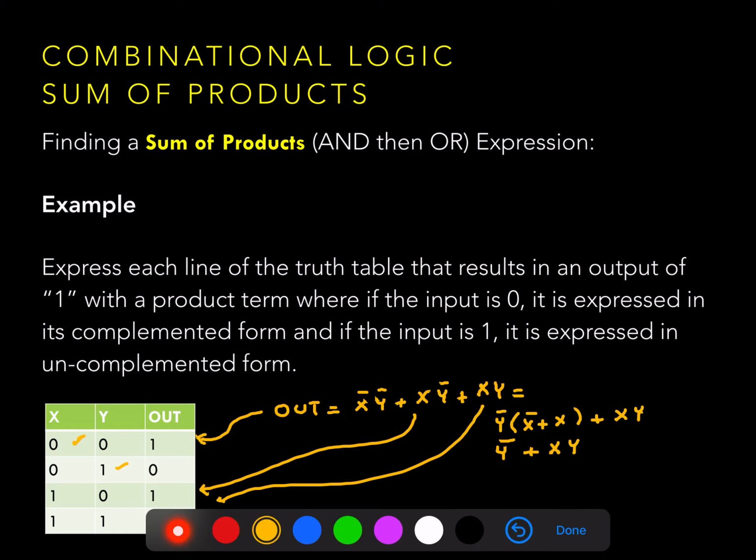Since x bar or x will simply produce a 1, and then any variable ANDed with a 1 will produce that variable. Then using the consensus law, we can see that this expression here is simply x or y0. And that's our simplified expression, although we started with the basic sum of products expression for the output to get to that point.